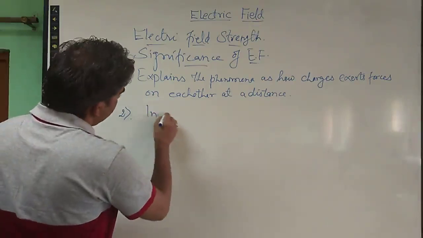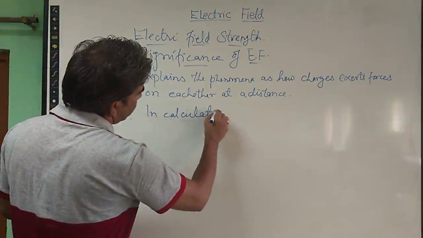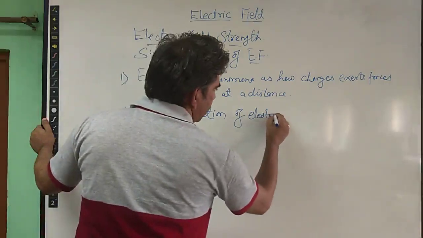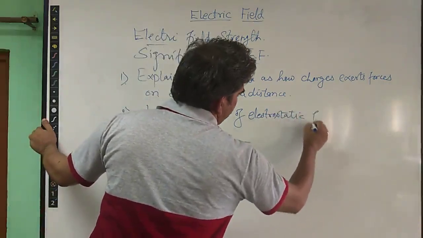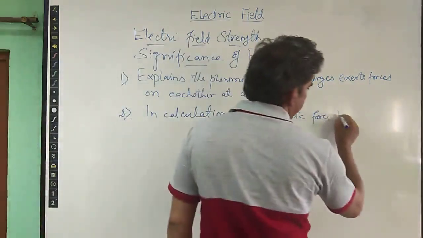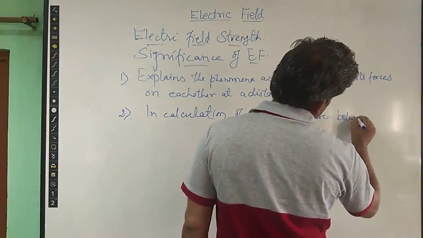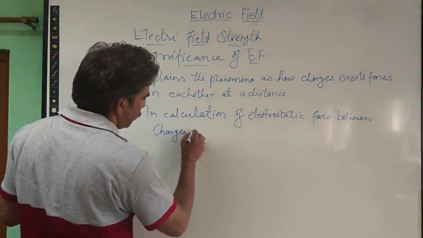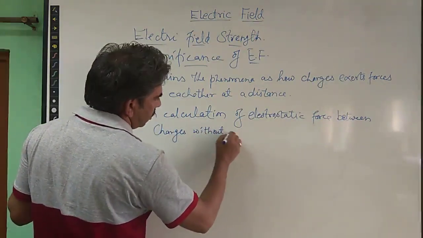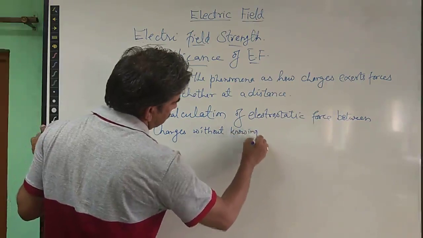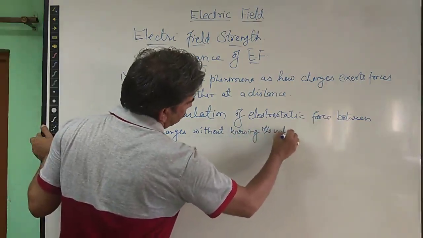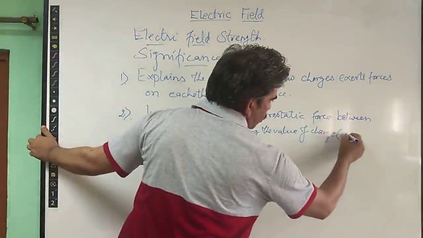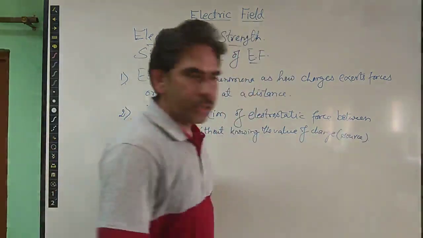So in the calculation or determination of the electrostatic force between charges, without knowing the value of the charge itself, I can say the source charge, we need not know the magnitude of the source charge.